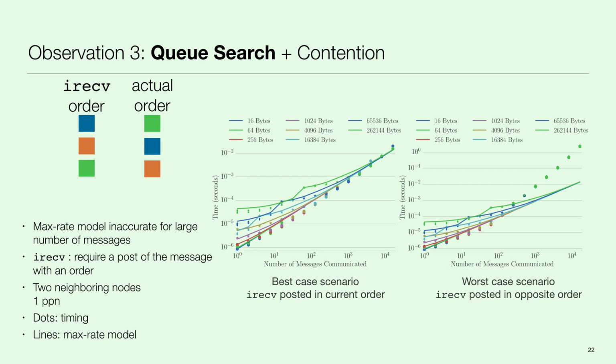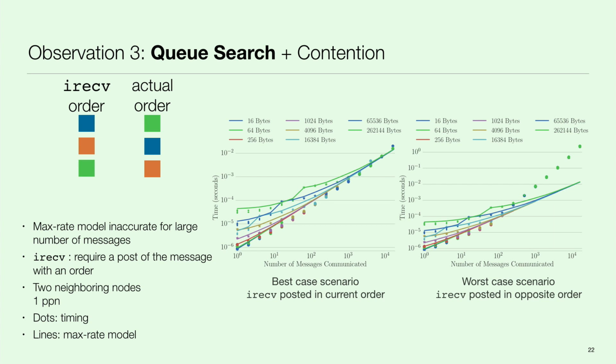Okay. So here on the left, I have a best case scenario where we've ordered things perfectly and the max rate model fits for high numbers of messages and over a range of message sizes. On the right, we've reversed that queue order or the receive order, and we can see what can happen in the worst case.